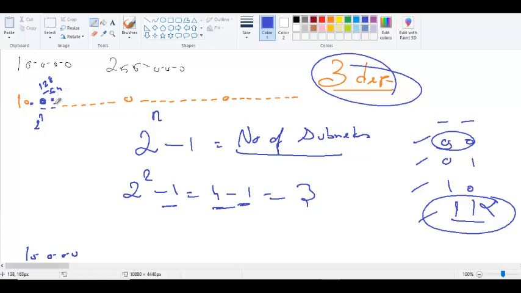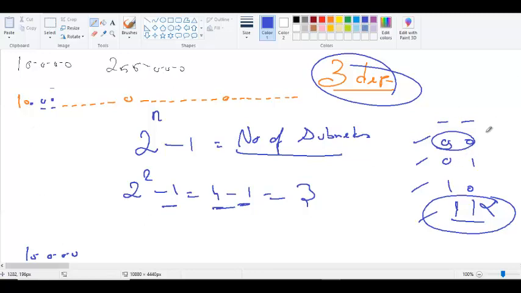Sorry, 2 to the power of 6 is 64, multiplied by 0 is 0. So what I'm trying to say is if you have 0, 0, then it is 0.